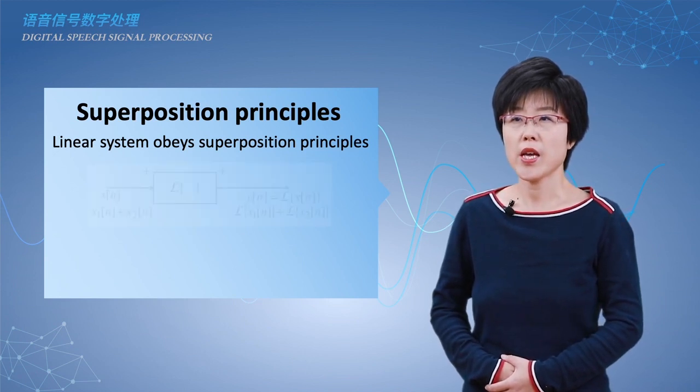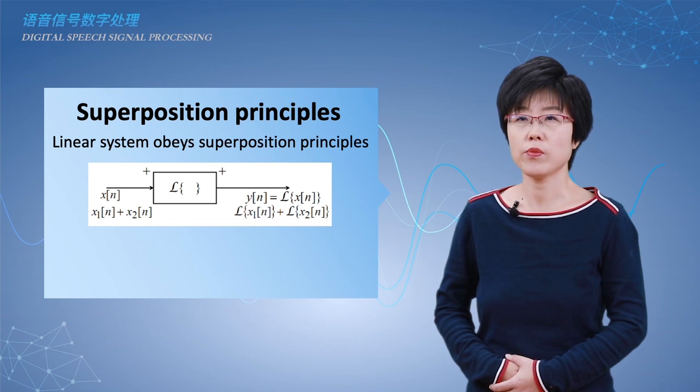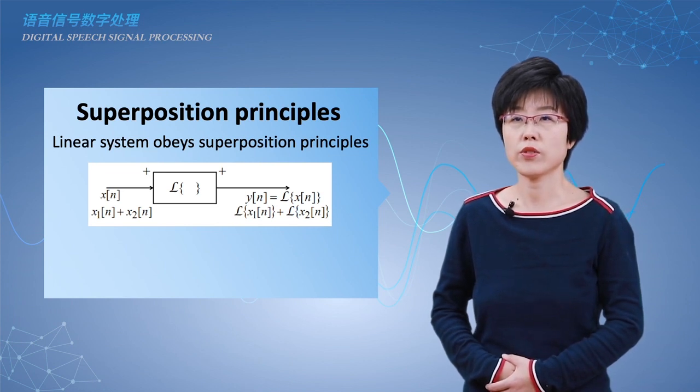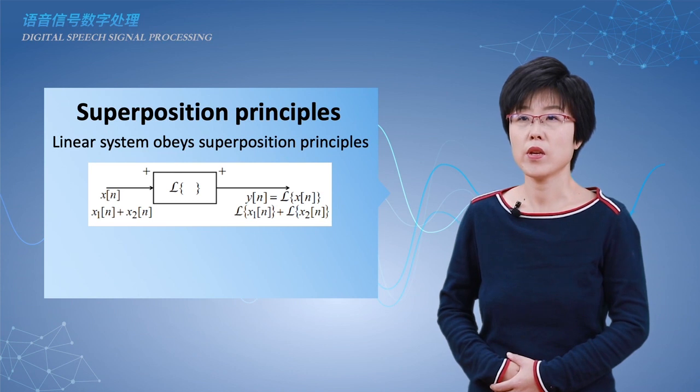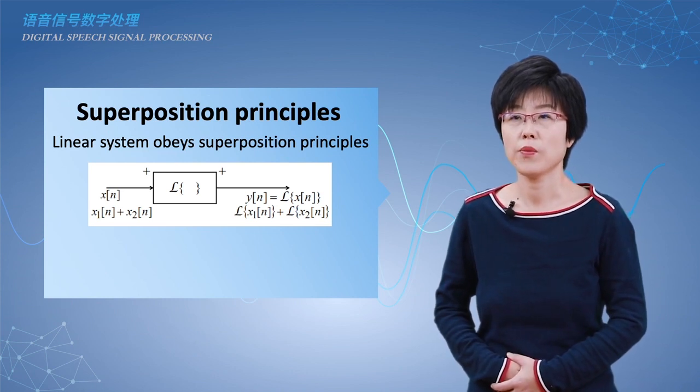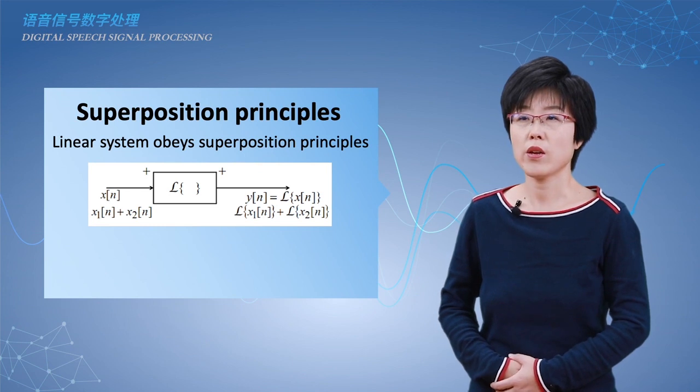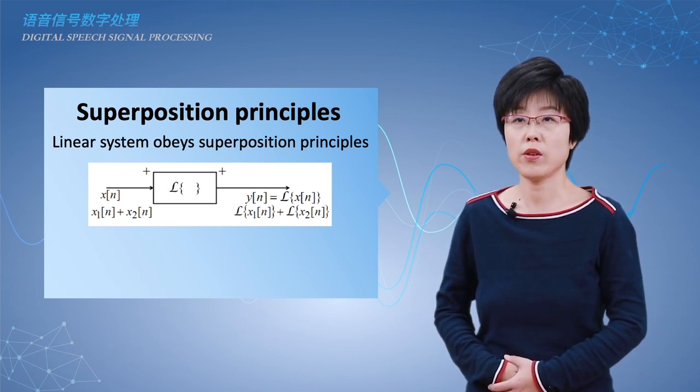So that if input s1[n] produces response L{s1[n]} and input s2[n] produces response L{s2[n]}, then input s1[n] plus s2[n] produces response L{s1[n]} plus L{s2[n]}.